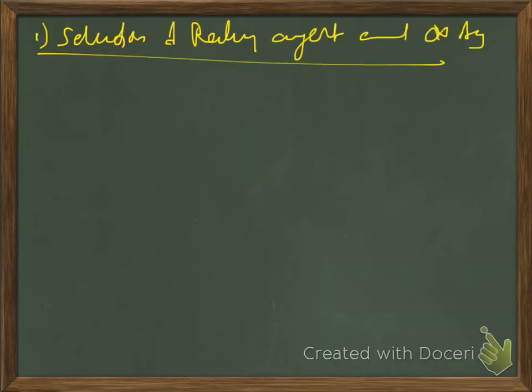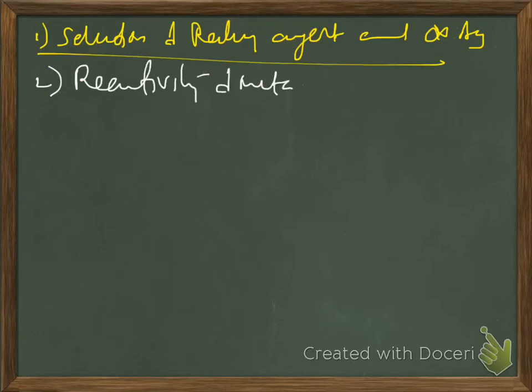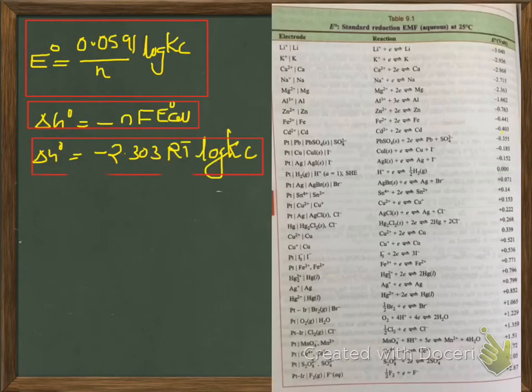The second application is that reactivity of metals can be compared from the series, which is a better metal or a strong metal, or which metal has the highest tendency to donate electrons.